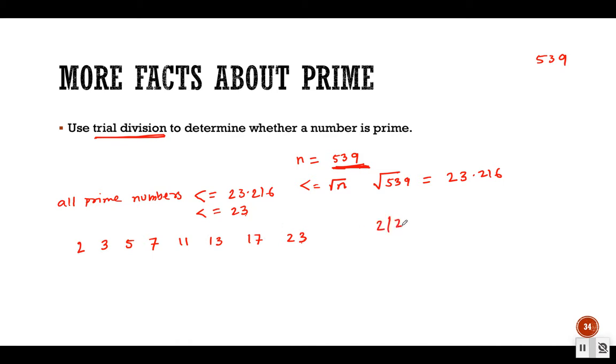So we are going to find out whether 2 divides 539 or not, whether 3 divides 539 or not, 5 divides 539 or not, and we are going to keep going on. Now there are some rules.